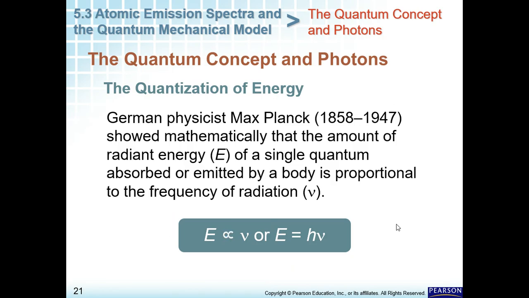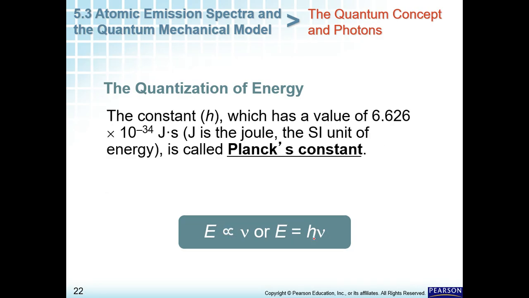And there was actually an equation made by German physicist Max Planck. He mathematically showed this being proportional, and he came out with the equation E equals h times v. Now, E stands for energy and v stands for frequency, but we have to understand what h is. h stands for something called Planck's constant.